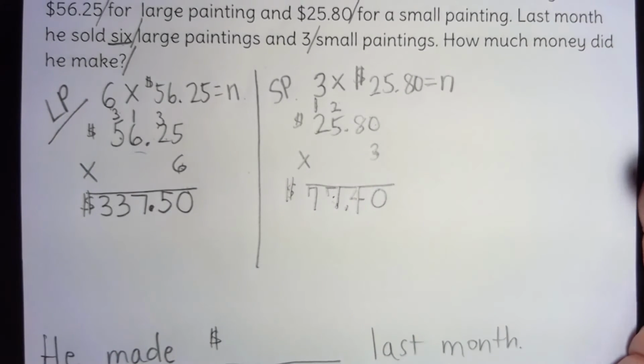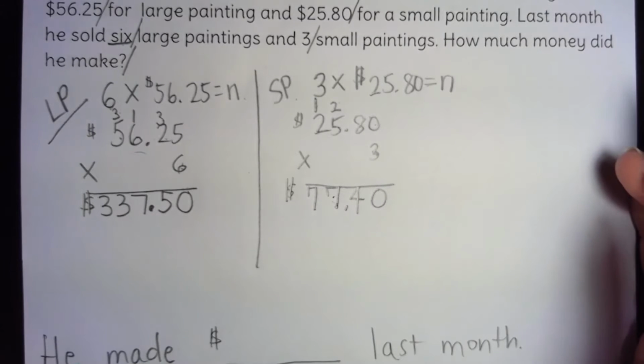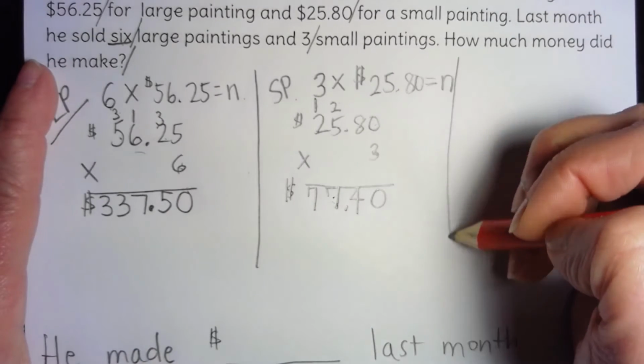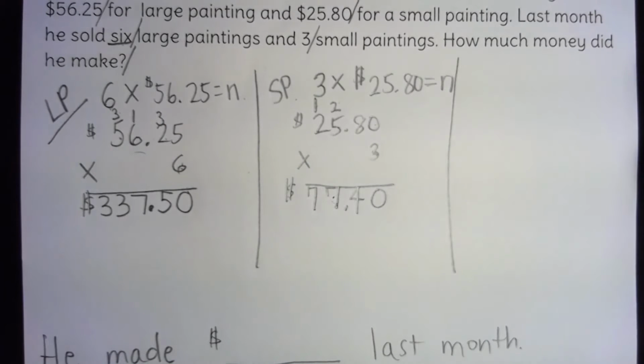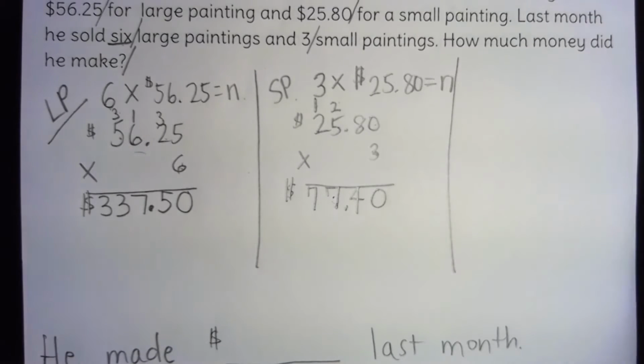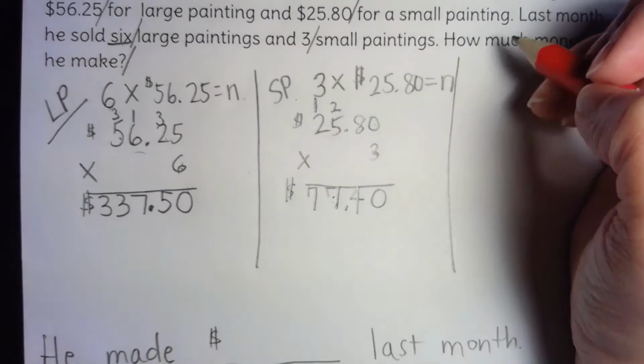So now we know what he made on large paintings and what he made on the sale of small paintings. So it would make sense at this point to figure out the total amount he made last month. And the only way we can do that is by adding the money made on the large paintings to the money made on the small paintings together.